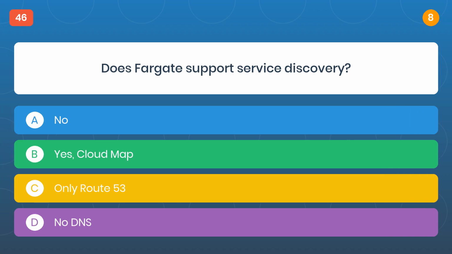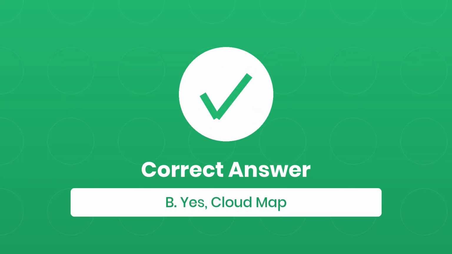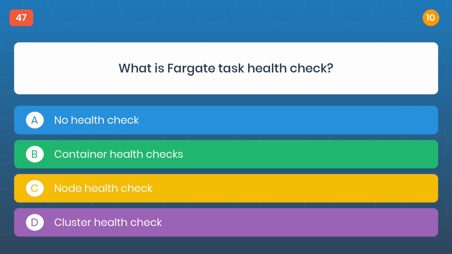Question 46. Does Fargate support service discovery? The correct answer is B, yes, Cloud Map. Question 47. What is Fargate task health check?